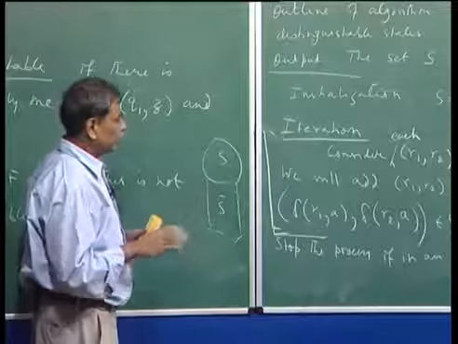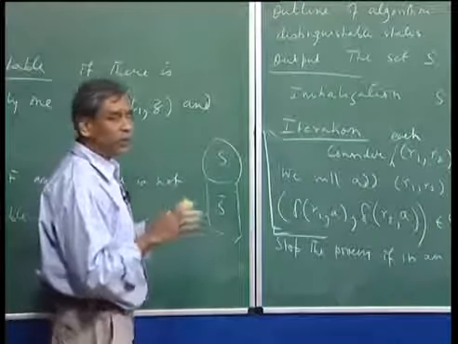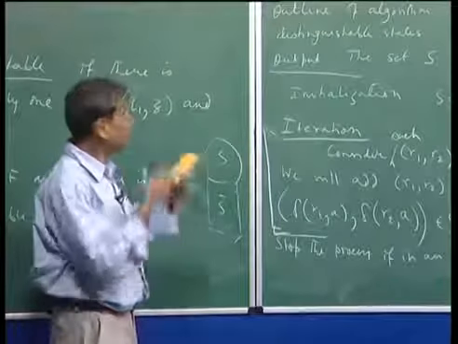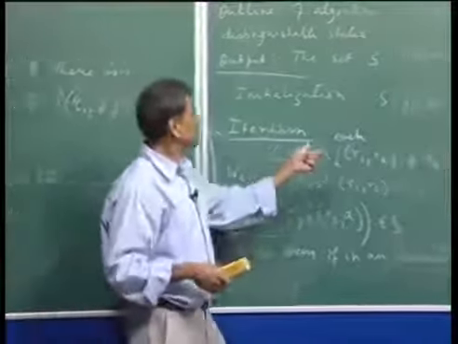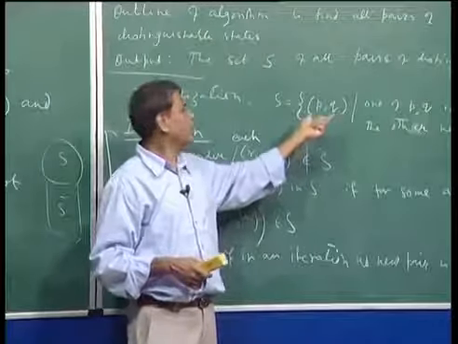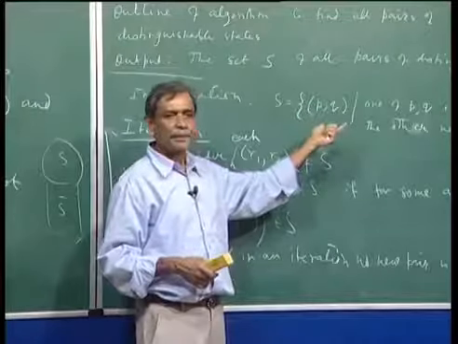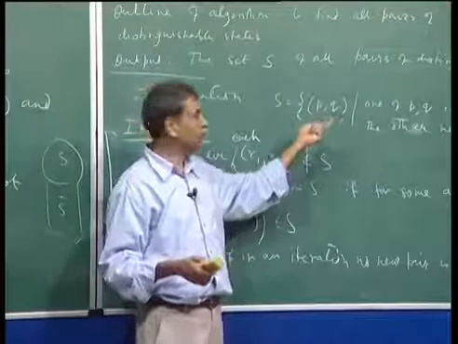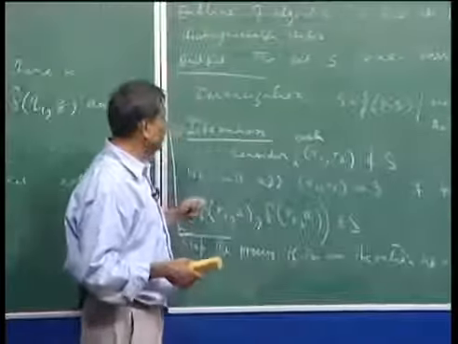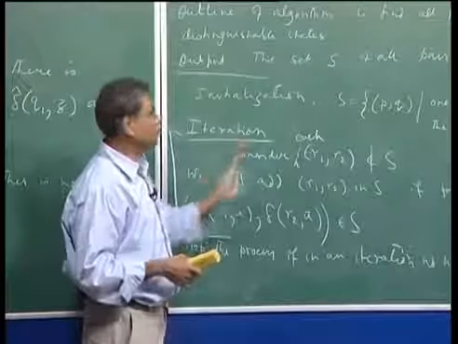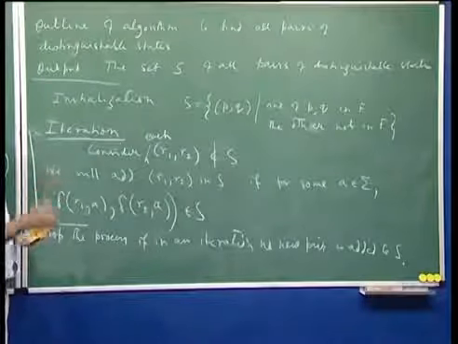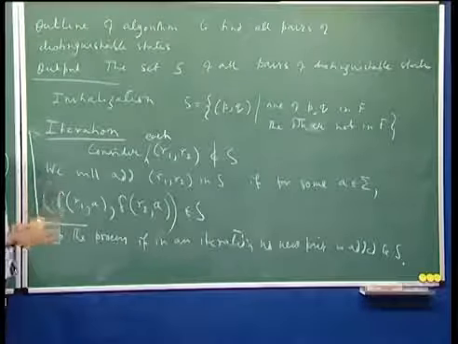It is fairly easy to see that this is a polynomial time algorithm, because in each iteration, how many total pairs of states are there? If there are n states, there are of the order n square pairs. Actually, n choose 2 pairs, and actually we should talk of unordered pairs, because if PQ is distinguishable, then QP is also distinguishable, but that is a detail.